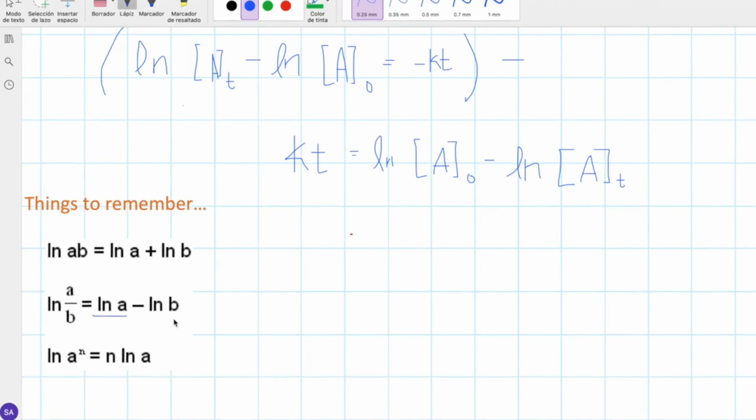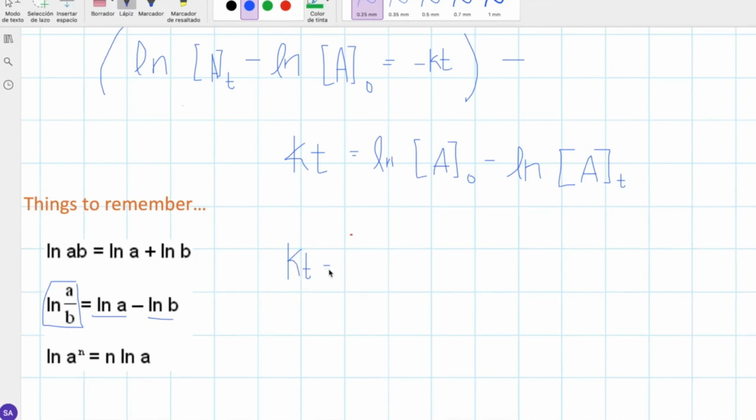And as you can see here, we can apply a property from natural logarithms. I don't know if you remember this from your pre-cal class, that whenever you have ln of a minus ln of b, you can just put it in this form. So actually we're going to do that so it can simplify things.